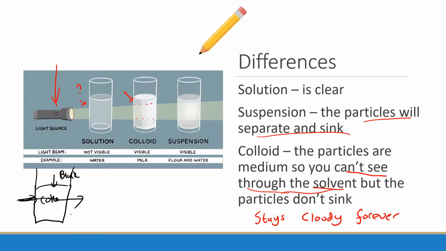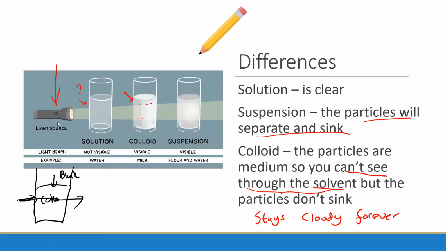If you got a laser pointer and shined it through Coke, it would probably go to the other side. Coke isn't cloudy. If you get a thin enough piece of Coke, you can see it. Coffee is another solution because even though it's black, you can still see through it.